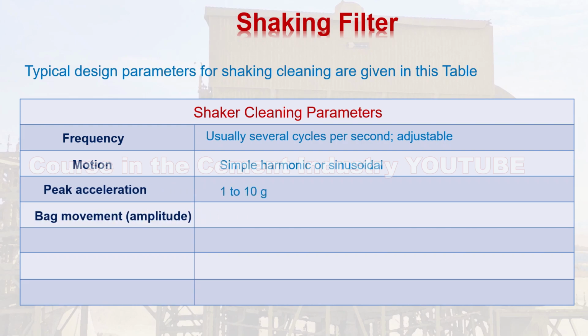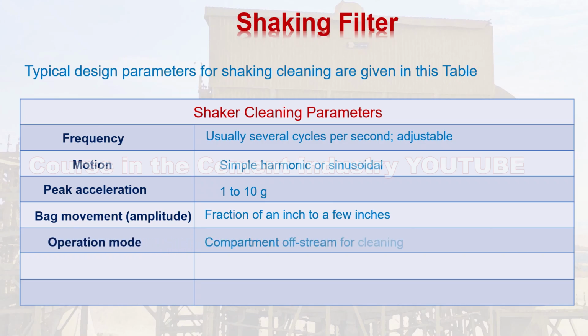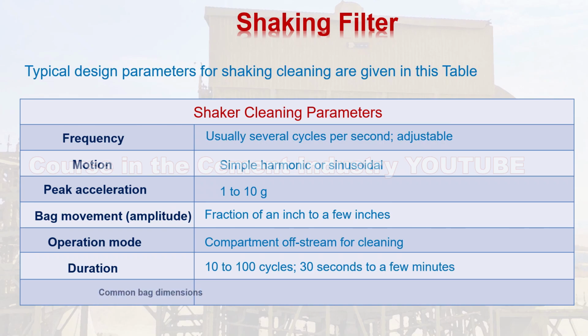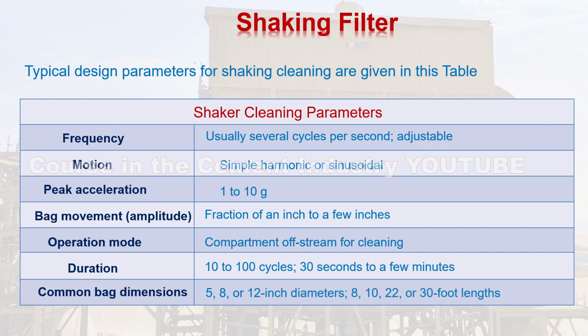Bag movement, amplitude: fraction of an inch to a few inches. Operation mode: compartment off-stream for cleaning. Duration: 10 to 100 cycles, 30 seconds to a few minutes. Common bag dimensions: 5, 8, or 12-inch diameters, 8, 10, 22, or 30-foot lengths.